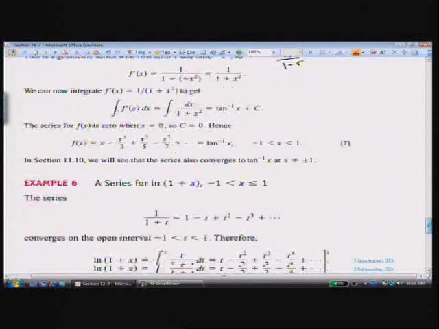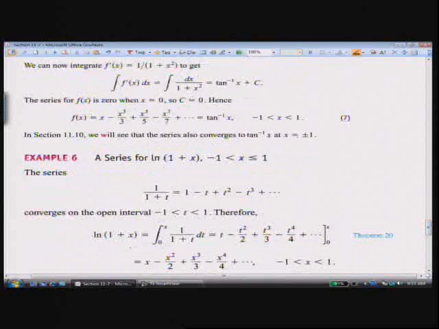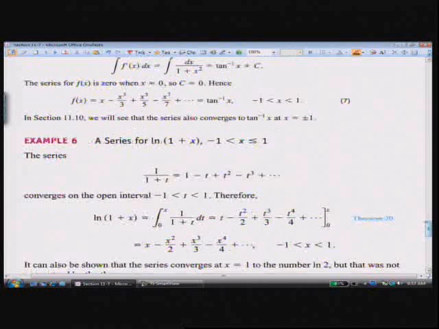You know that converges between -1 and 1. If you integrate this, you're going to get back to the ln of 1 + x, which tells you that you can integrate each piece of this. So you get t minus t squared over 2 plus t cubed over 3 minus t to the fourth over 4, from 0 to x. And so an approximation to ln(1 + x) can be found with this power series, x minus x squared over 2 plus x cubed over 3, as long as your x is between -1 and 1.